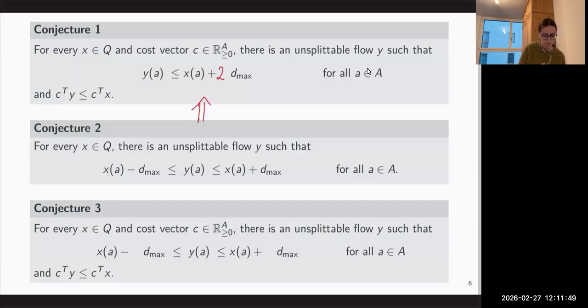And similarly for conjecture 3, if we allow a violation of 2d max instead of just d max, then conjecture 2 also implies conjecture 3.